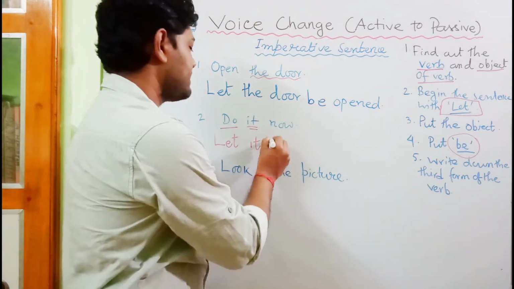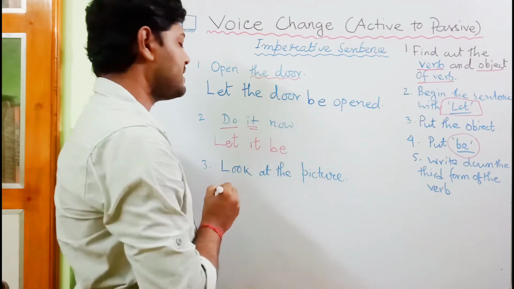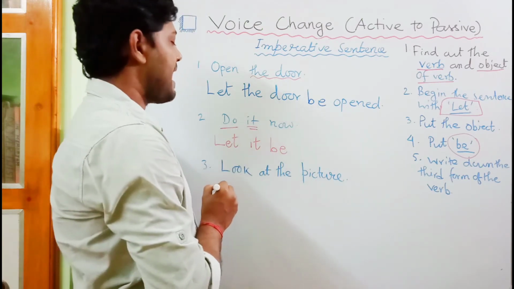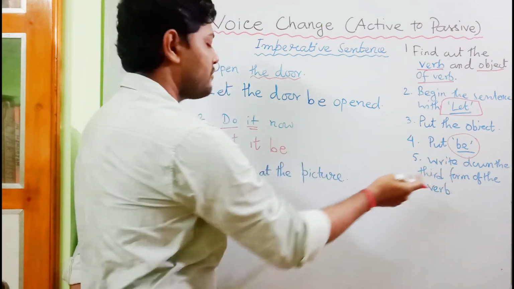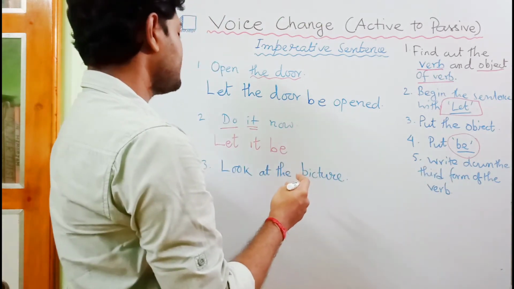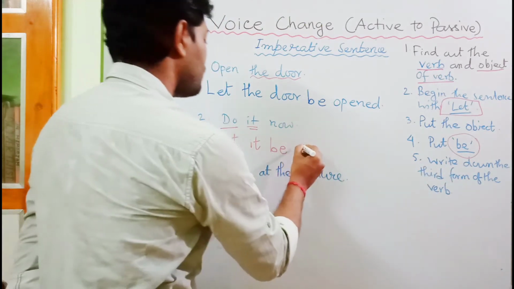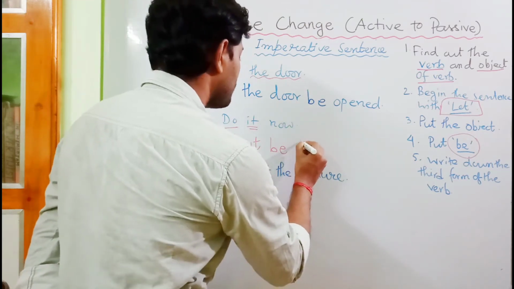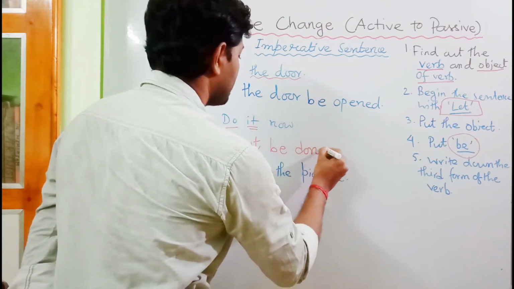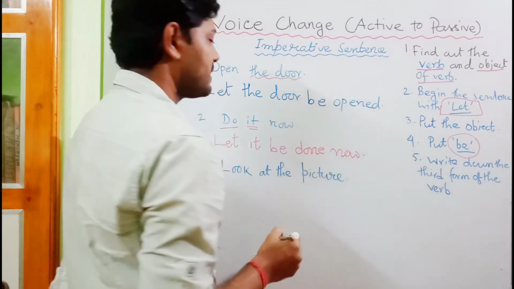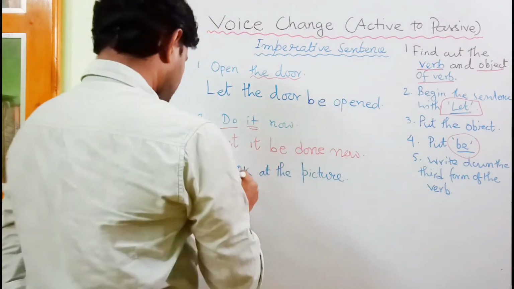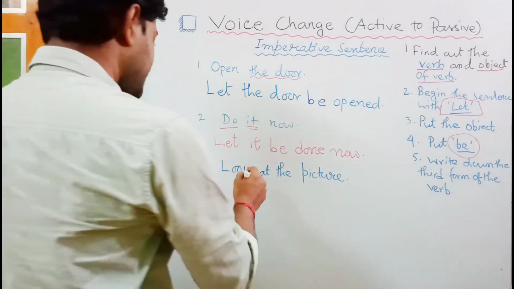After that we have to write the word be and then we have to write down the third form of the verb. What is the third form of do? We know that the third form of do is done and then we have to write down now. Clear?